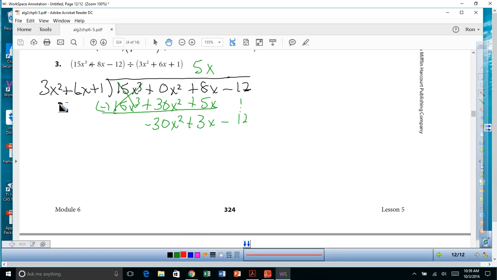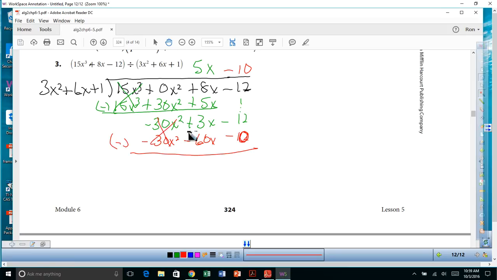Now I need to turn this 3x squared into a negative 30x squared. So I'm going to multiply it by negative 10. Negative 10 times 3x squared is negative 30x squared. Negative 10 times 6x is minus 60x. Negative 10 times 1 is negative 10. All right. Now, again, we're going to want to subtract the second line from the first.